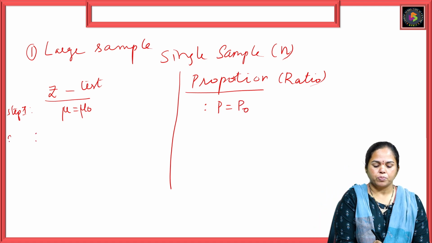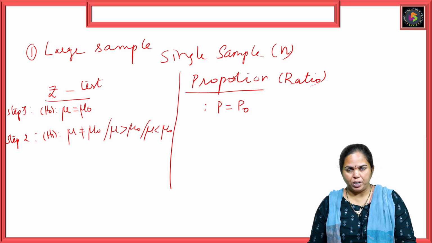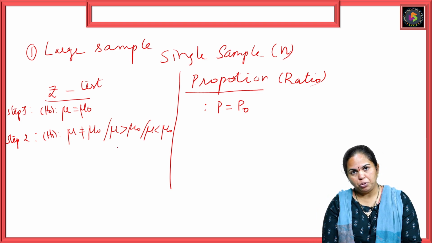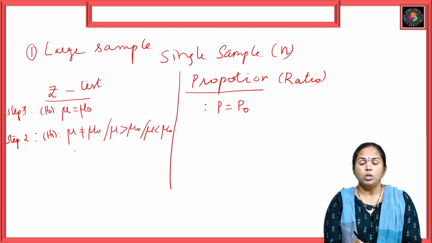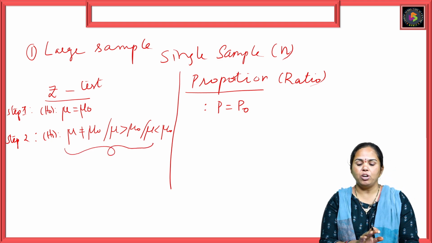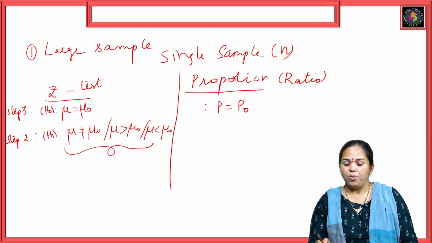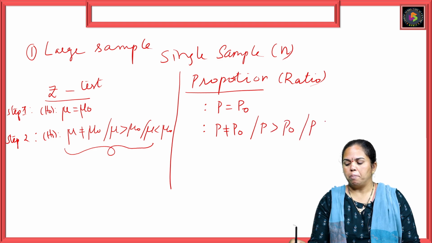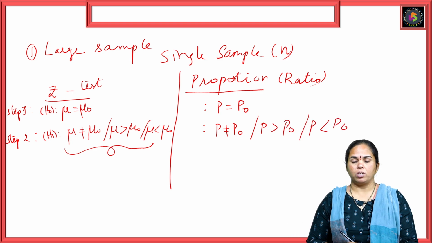Step 2, alternative hypothesis H1, mu not equal to mu naught or mu greater than mu naught or mu less than mu naught. So depending upon the problem, you can use any of these three notations. Whereas coming to the proportions, P not equal to P naught, P greater than P naught, P less than P naught.